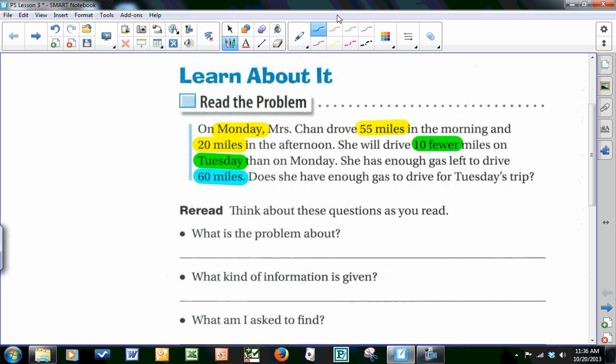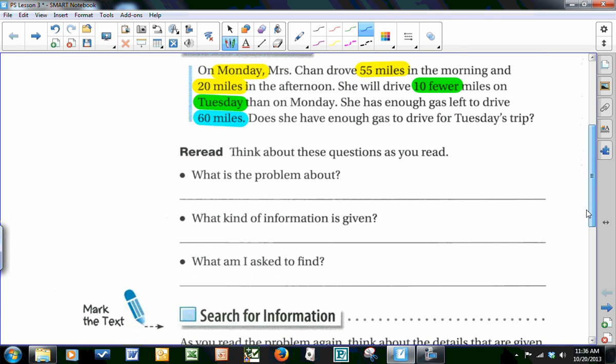And I'm going to switch to my tablet. Here, let me pull that over. There it is. Okay, reread. Think about these questions as you read. What is the problem about? All right, well, it's about how many miles she drove.